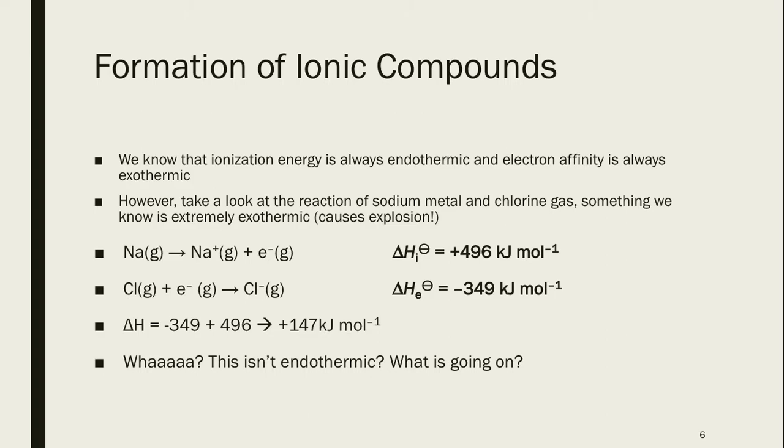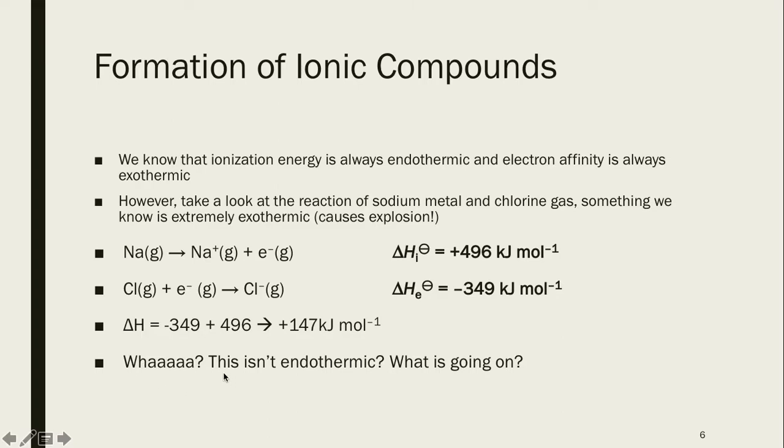In fact, it causes an explosion when it occurs. So you would think that the sum of the two enthalpies would be negative because it is exothermic. But if we indeed look at these numbers added together, you get positive 147 kilojoules per mole.